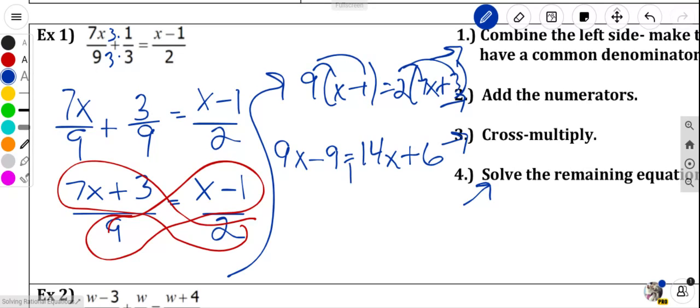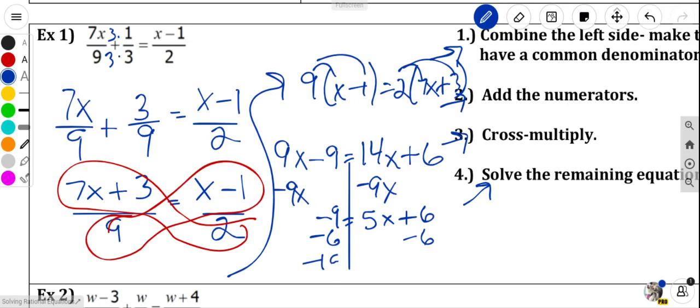We're going to get our x's on the same side and our constants on the same side. So I'm going to subtract 9x, bringing it over to the right-hand side. So that's negative 9 equals 5x plus 6. And I'm going to subtract 6. So this is negative 15 equals 5x. Lastly, we're dividing by 5. So x equals negative 3.